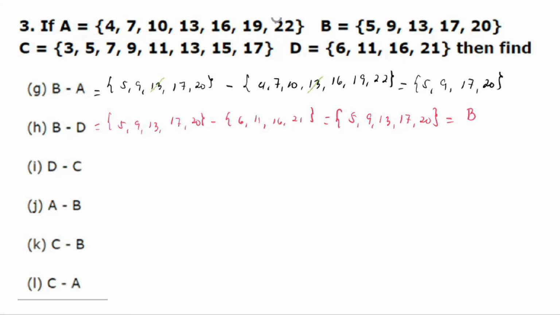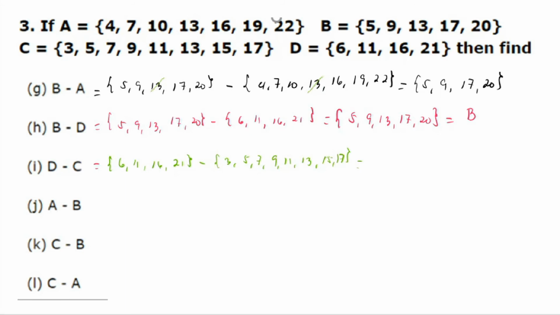set B. For D difference C, we have our D is 6, 11, 16, 21. So difference C, we have 3, 5, 7, 9, 11, 13, 15, 17.